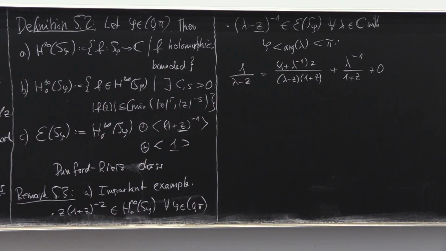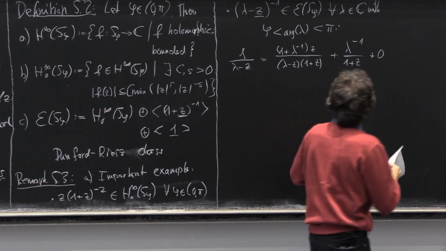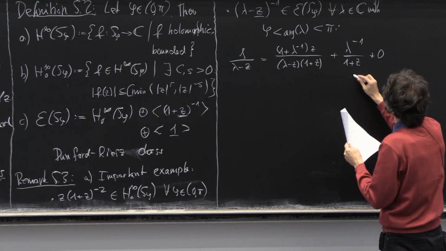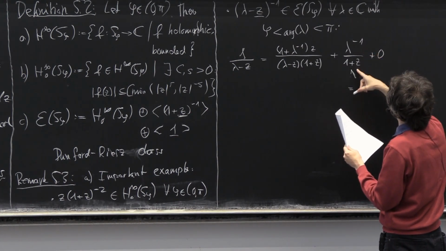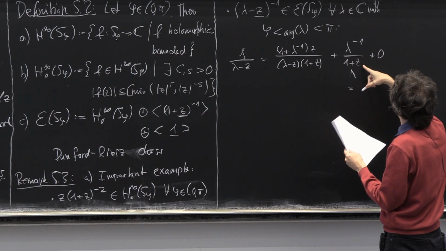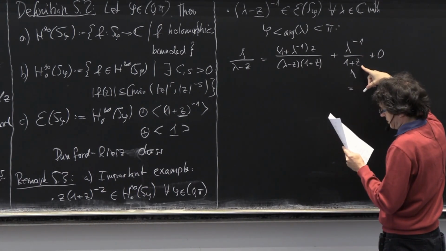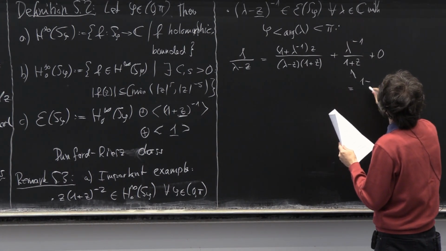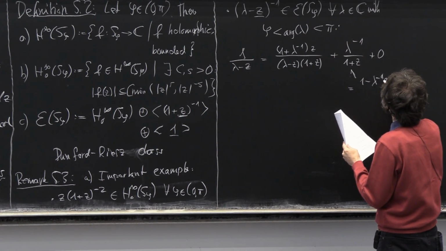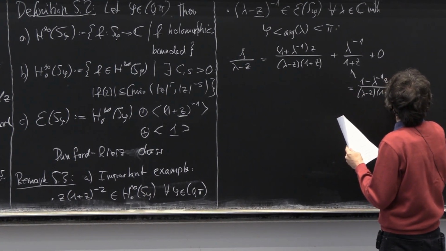So this seems a little bit opaque where it comes from, but somehow it's just checking it. So if you can rewrite this one, multiply numerator and denominator by lambda minus z, and this gives you 1 minus lambda to the minus 1 z divided by lambda minus z 1 plus z.